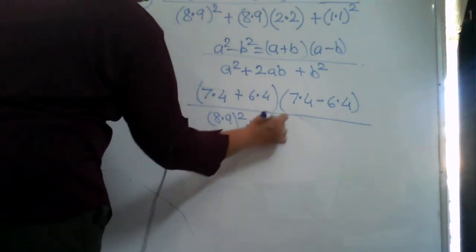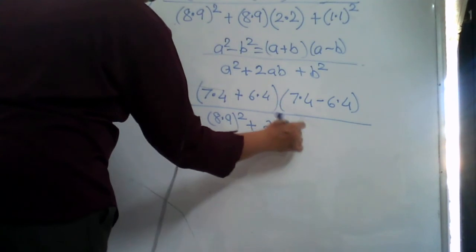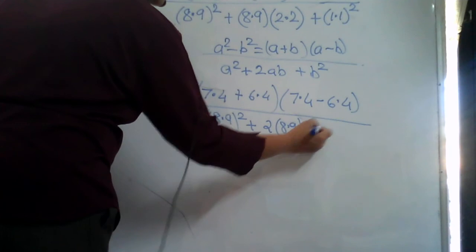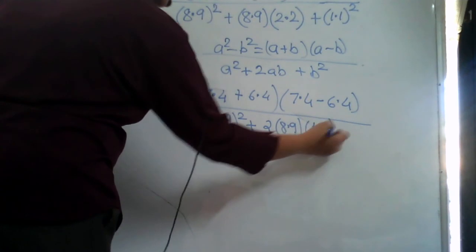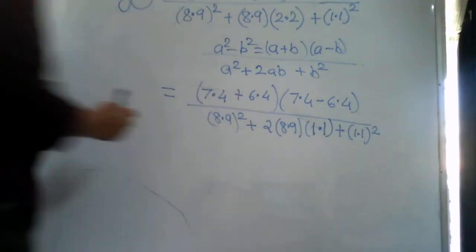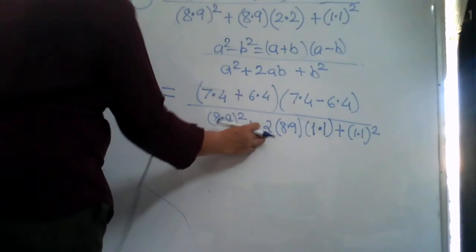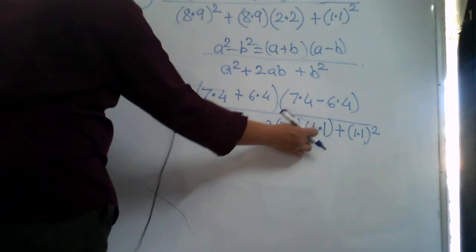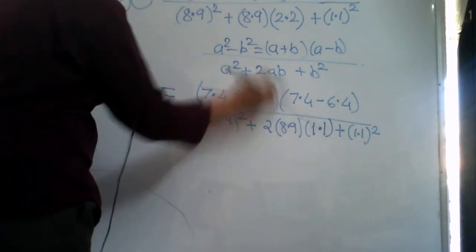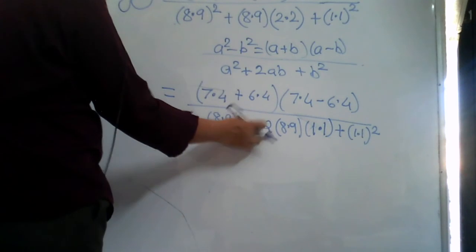Now 2 into bracket 8.9 into 1.1 plus 1.1 bracket square. You can see that 2AB, if this is B, B is here. If this is A, A is here. 2 is the number we have to have in the middle term.